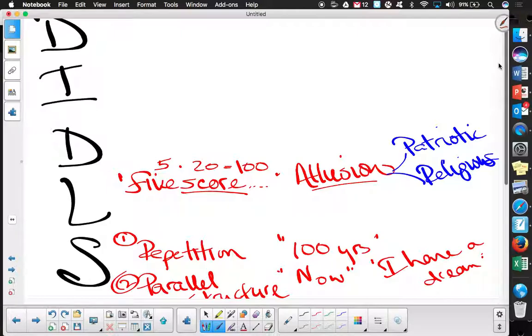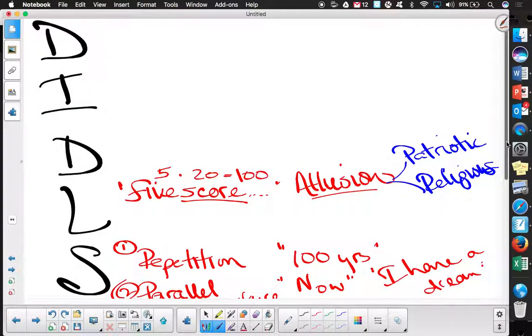Now he certainly will call attention to the similarities between whites and blacks, and he does a lot of things. And Byron said parallelism when we were talking about that kind of repetition.